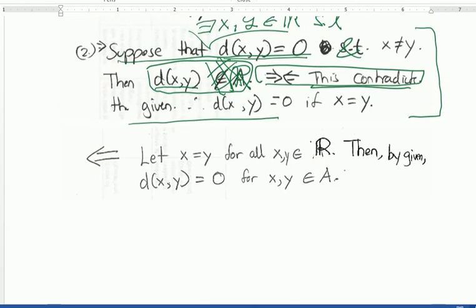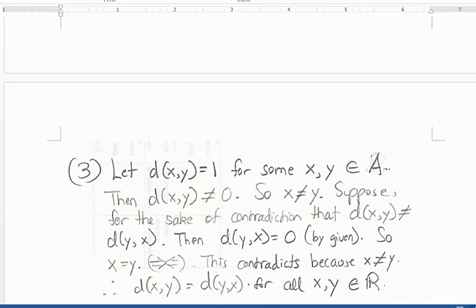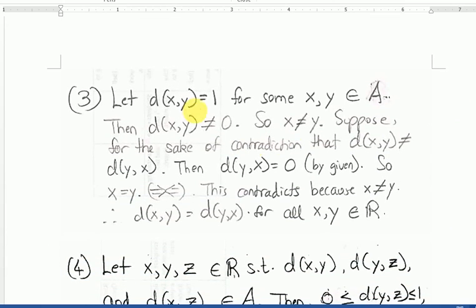So I believe the second one. Oh yeah, the third one. d(x, y) and d(y, x) should be the same, right? So it's according to the definition, right? So if you say like that, then it's not 0, so x is not y.